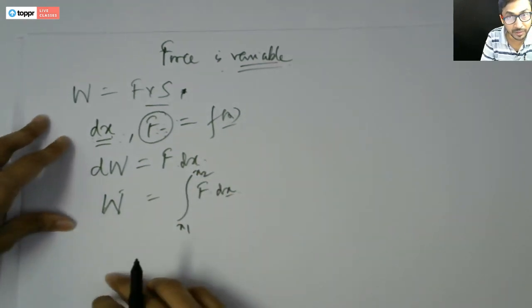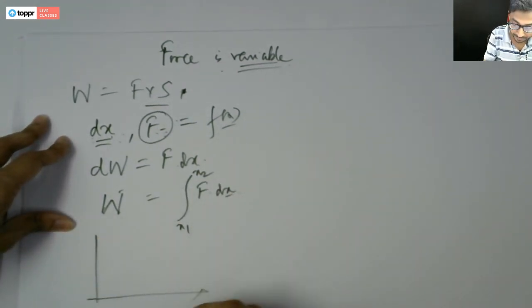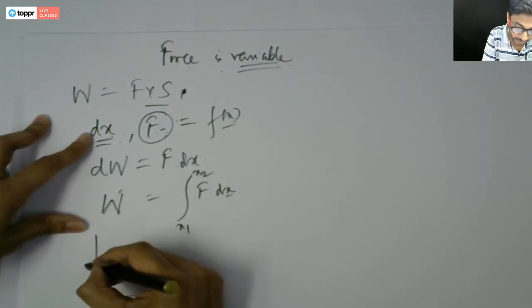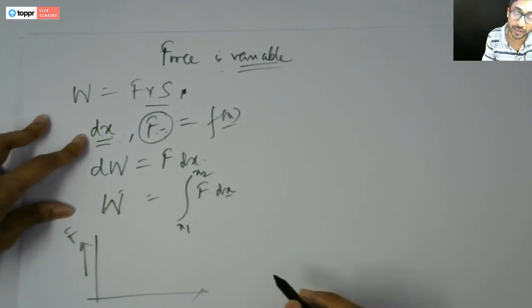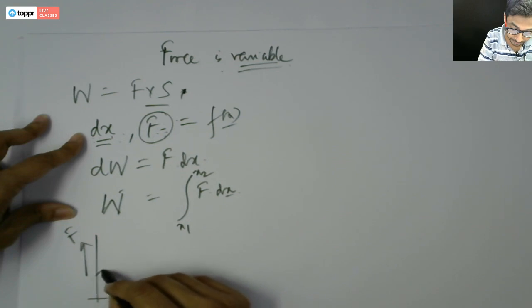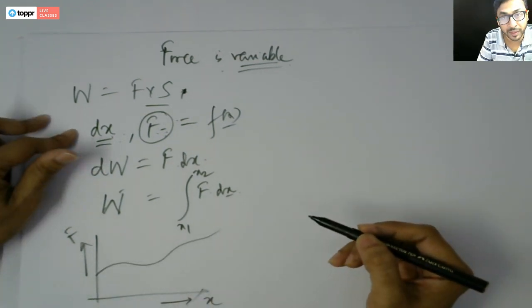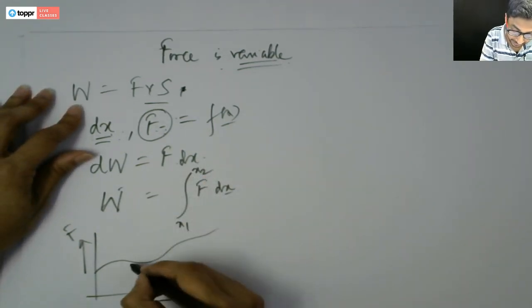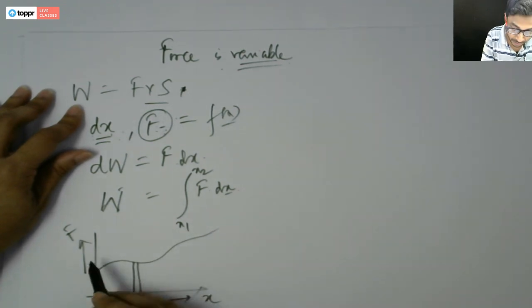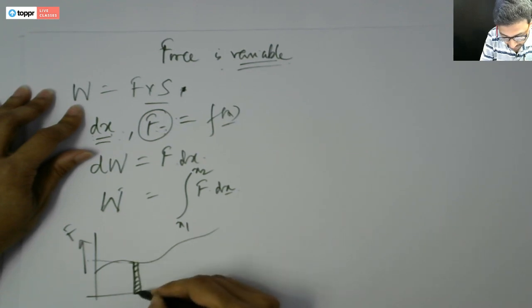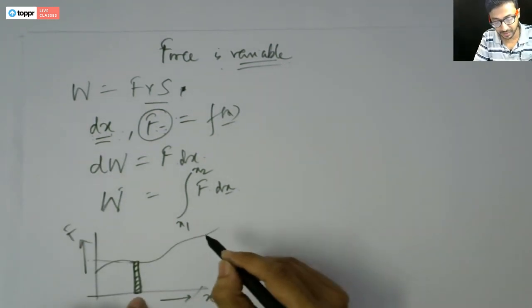What does it represent in graphical form? As we have already discussed, force is a function of x. So if we plot force on the y-axis and x on the x-axis, and the force varies as some random function, suppose it's like this, and this is a very small dx, and this is the general F, then F dx means the area of this very thin rectangle.